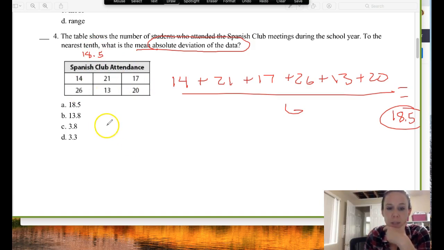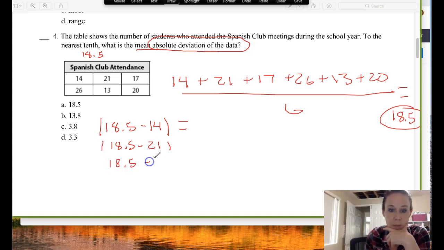And we're going to find the absolute value of that, meaning it doesn't matter if it's positive or negative, just what's the difference. So we're going to go 18.5 minus 14. What's that difference? Then 18.5 minus 21, what's that difference? And so on for each point, minus 17. And I'm putting these bars here, meaning the absolute value, meaning I don't care if this difference is positive or negative.